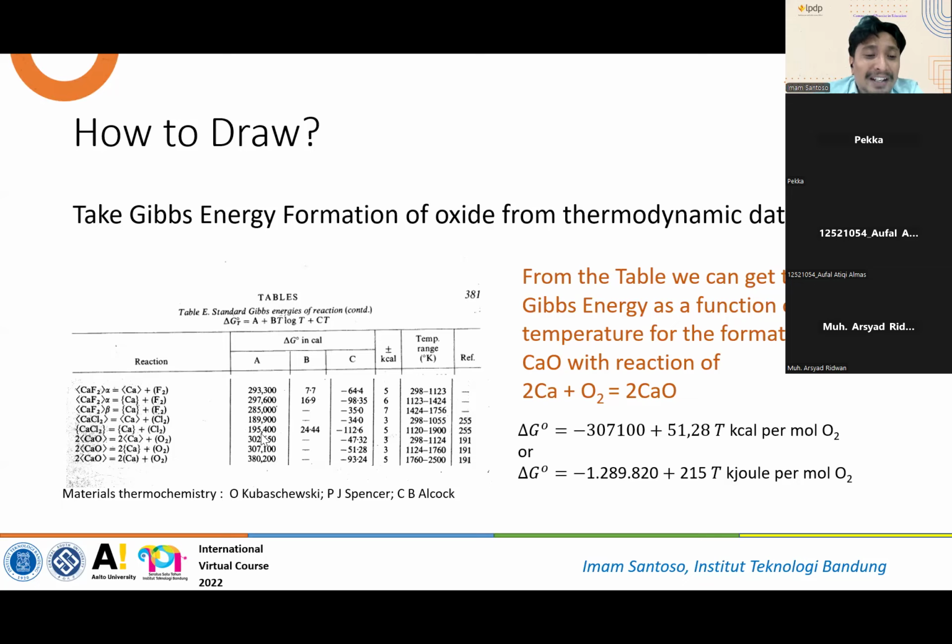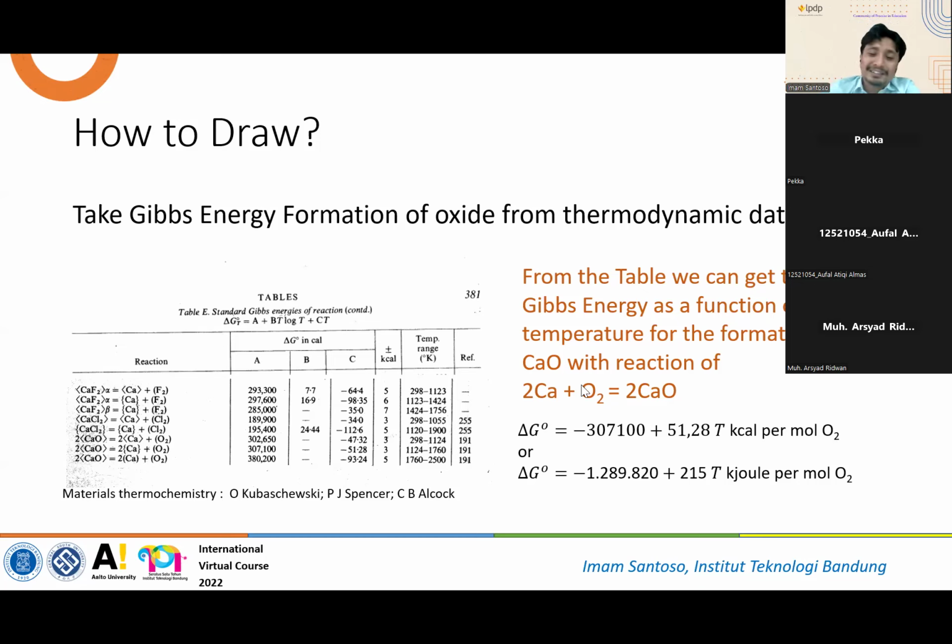If A here is positive 300,000 something, then because we want the reaction in the direction of formation, not decomposition, we have to flip all the signs. So it becomes minus, and here plus. So here you can see the equation of the Gibbs energy of formation of CaO. Remember, the moles of oxygen need to be 1.